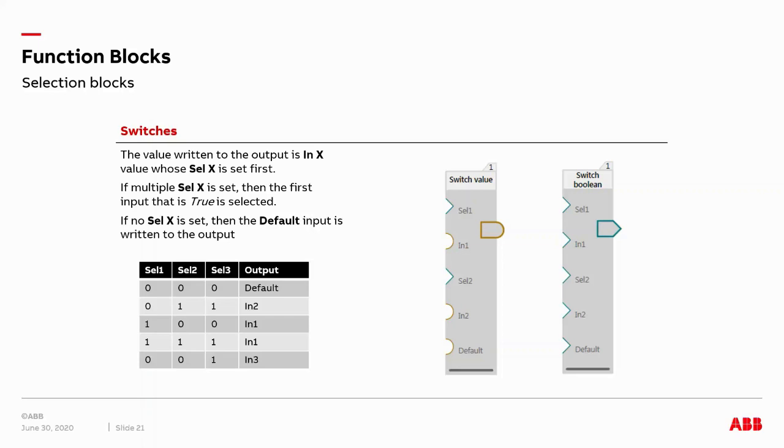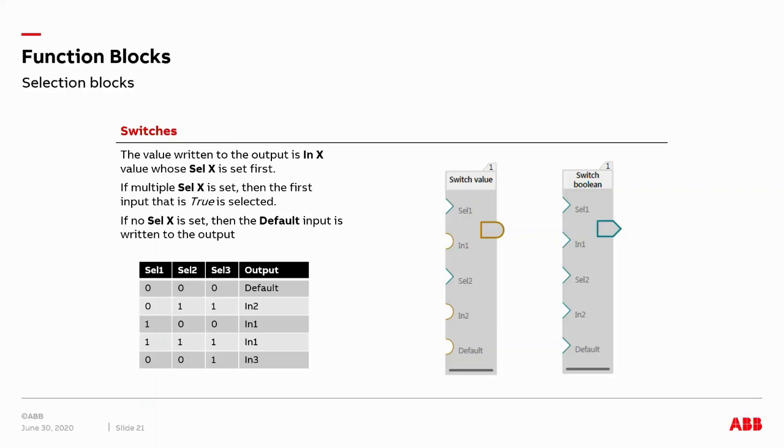This is another one of those you can drag down and have up to 8 different inputs. I ran through a couple different examples here with 3 selects. Let's say my first one is all the selects are set to 0. The output would be that default input. Let's say select 2 and select 3 are high or true. Input 2 would ultimately be the output at that point.